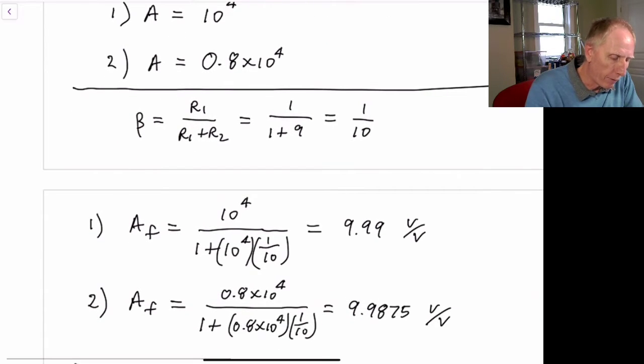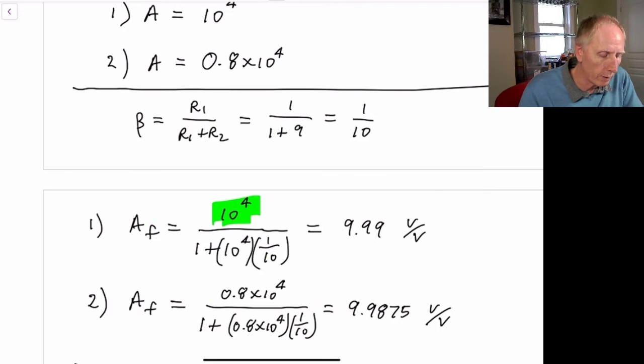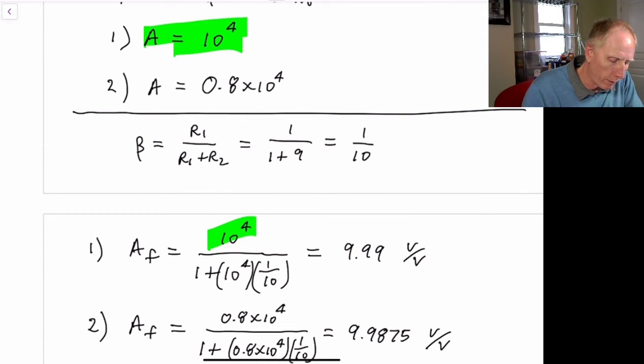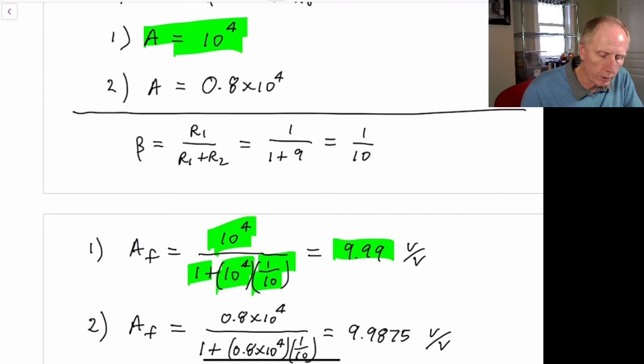So A sub f is given by, in our first case, when A is equal to 10 to the fourth, the closed loop gain is equal to 10 to the fourth divided by 1 plus 10 to the fourth times beta, which is 1 over 10, and that works out to be 9.99 volts per volt.